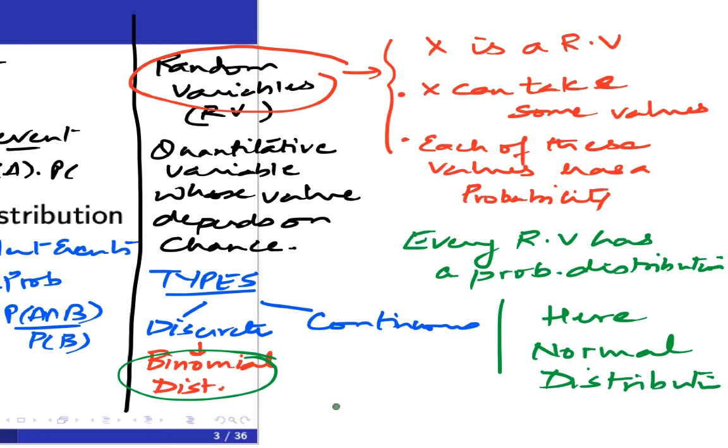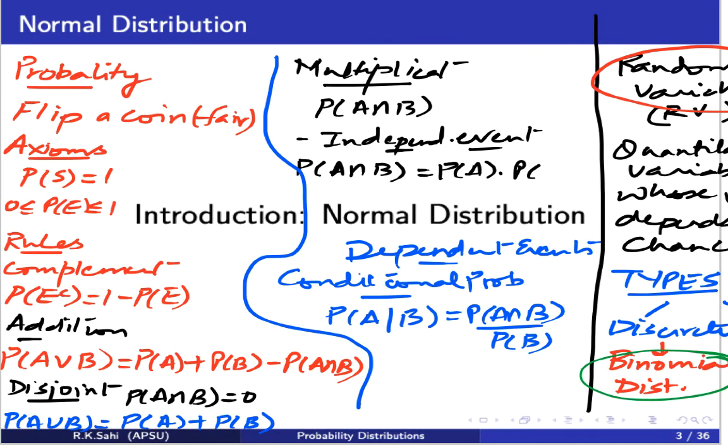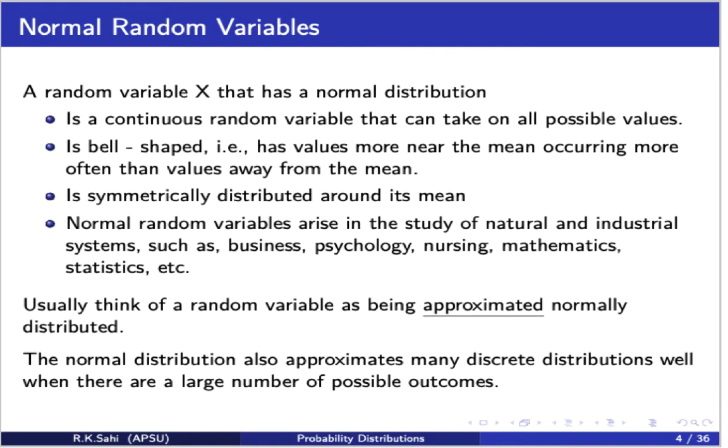Now let's go back, guys, to studying normal random variables. So what is a normal random variable? A random variable that has a normal distribution is called a normal random variable.